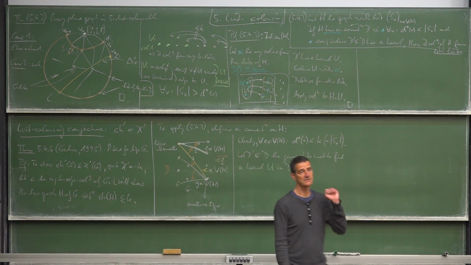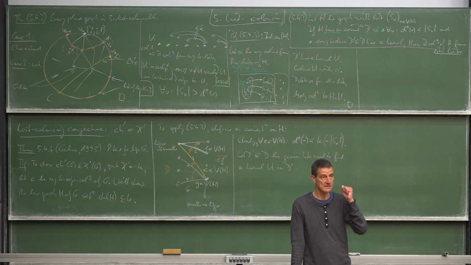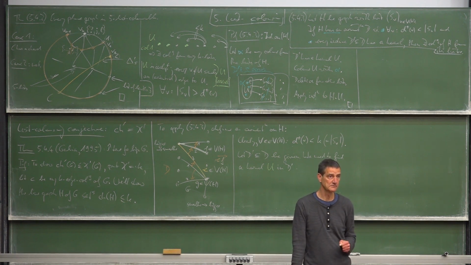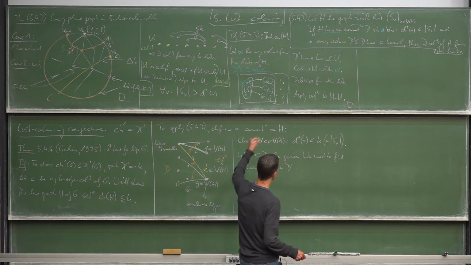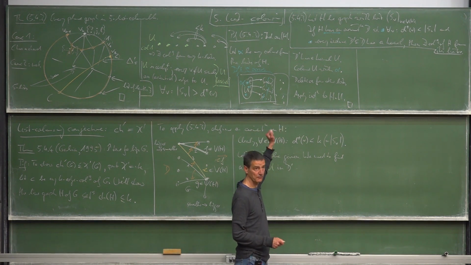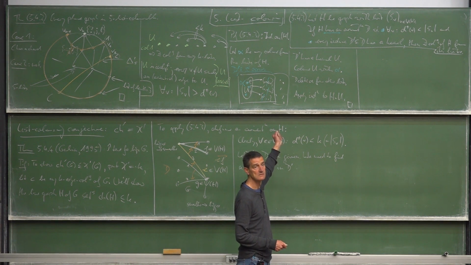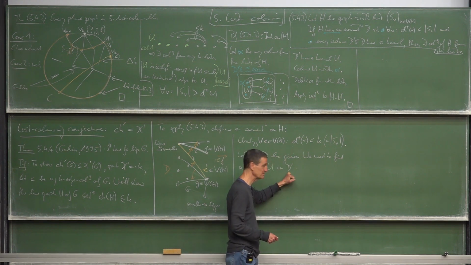The kernel has to satisfy two things. The kernel has to be a set of independent vertices in this oriented graph. So it has to be a set of independent edges of G. Pairwise non-adjacent vertices of H, well, pairwise non-adjacent vertices of D prime.